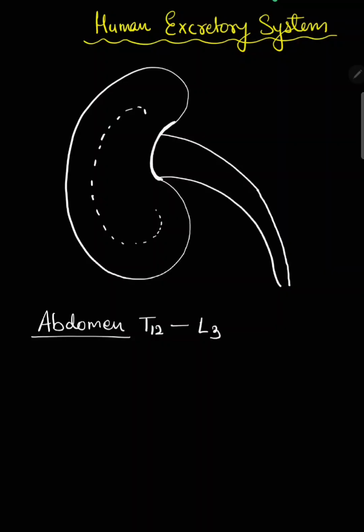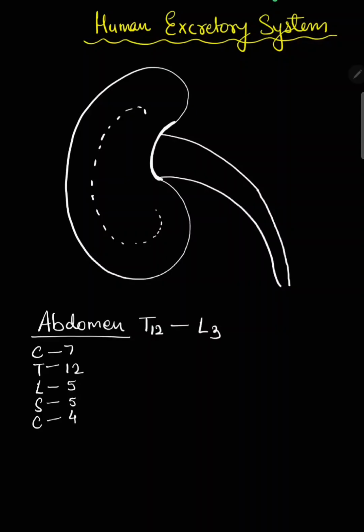We have the vertebral column and it is divided into cervical, thoracic, lumbar, sacral and coccygeal regions. Thoracic is 12, lumbar is 5, cervical is 7, sacrum is 5 and coccygeal is 4.